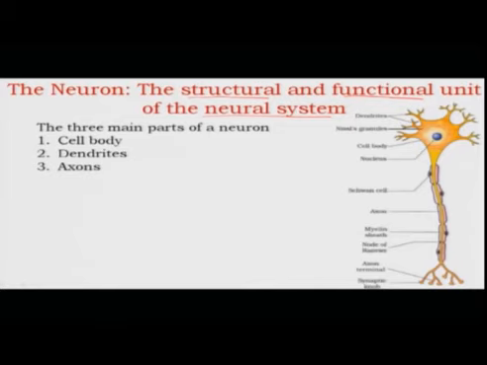The three main parts of the neuron are as follows: a cell body, dendrites and axons, and I will explain what each of these are. Here is a typical diagram of a neuron. What you see here is the cell body, these are the dendrites, and this part is called the axon.